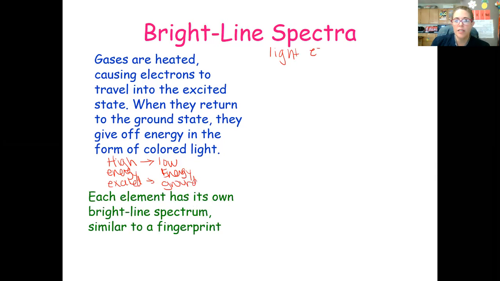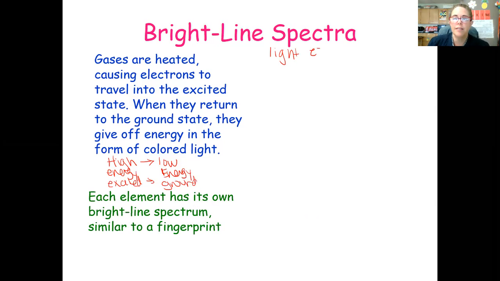Each element has its own unique bright line spectrum, similar to a fingerprint. No two individuals have the same fingerprint, not even identical twins. I teach forensics, so I should know. Your DNA is also unique to you unless you're an identical twin. But there's no such thing as identical elements, because no two elements are identical.